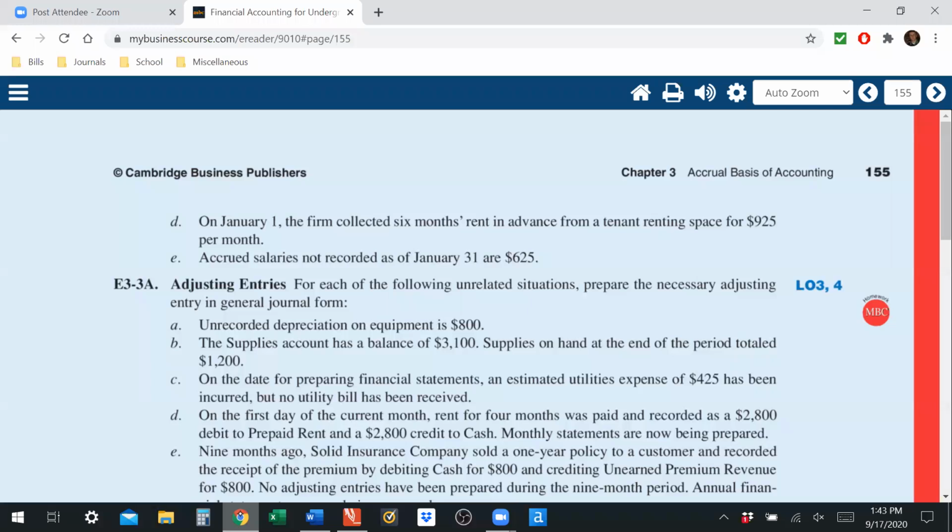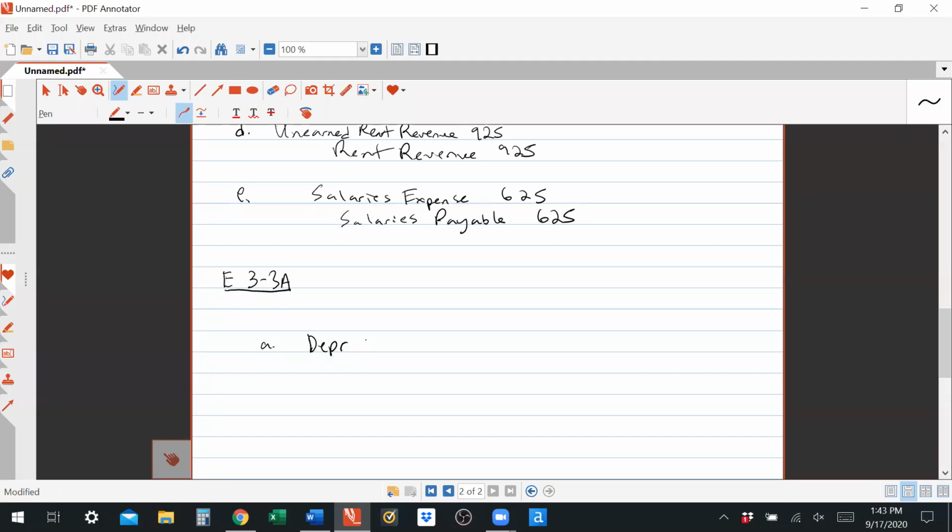A, you haven't recorded depreciation on equipment, and you need to record it, $800. You guys know the journal entry for depreciation. It's always debit depreciation expense. I wrote out everything this time instead of just abbreviating.